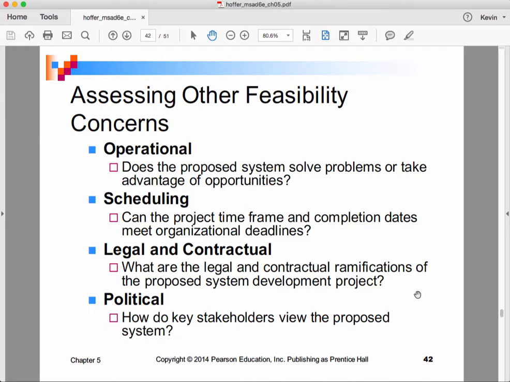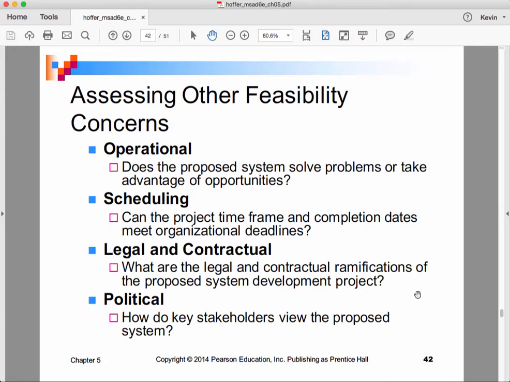Scheduling. Can the project time frame and completion dates meet the organizational deadlines, or are we just going to miss the boat? Legal and contractual. What are the legal and contractual ramifications of the proposed system development project? Are they straightforward, or is it a bucket of snakes?